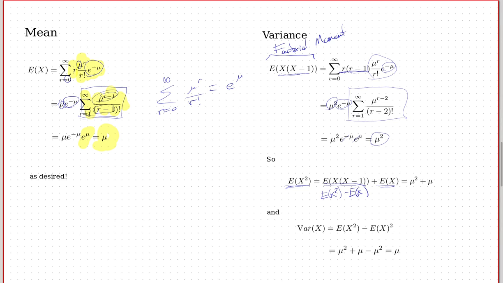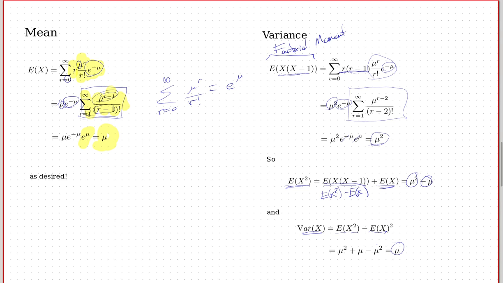So if we just add in the expected value of x, we'll get the second moment. So we get mu squared from the calculation we just did, plus mu for the expected value of x that we did previously. So the second moment is mu squared plus mu, and finally the variance is the second moment minus the square of the first moment. And so it comes out to be just mu.